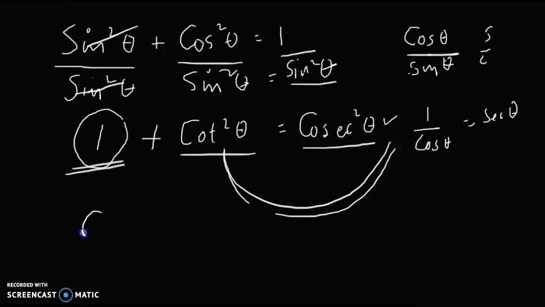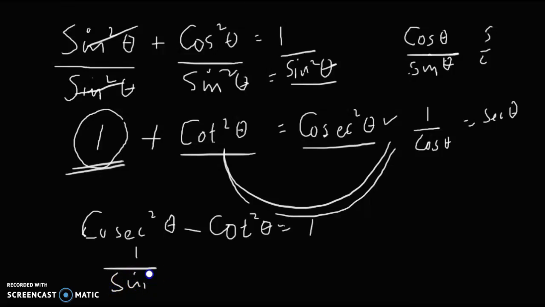Let's write this down: cosec square theta minus cot square theta is equal to 1. This can also be written as 1 upon sine square theta, because cosec is the opposite of sine, minus 1 upon tan square theta, because cot theta is the opposite of tan.